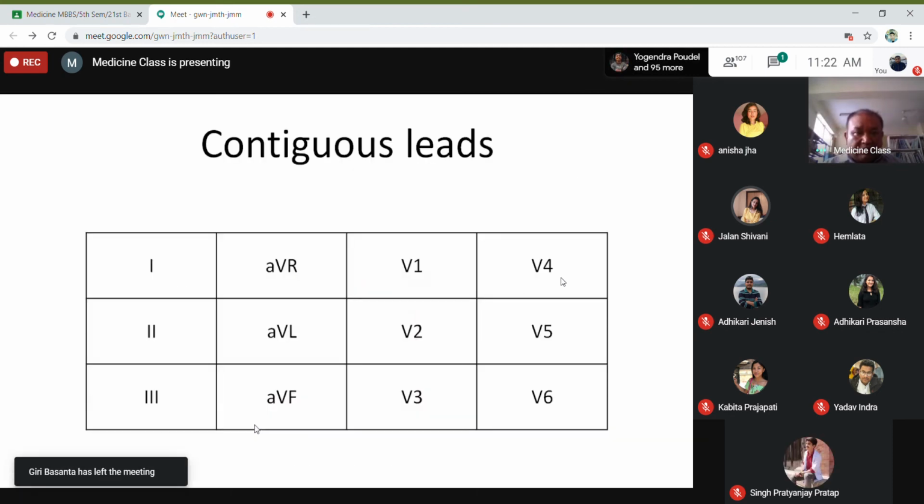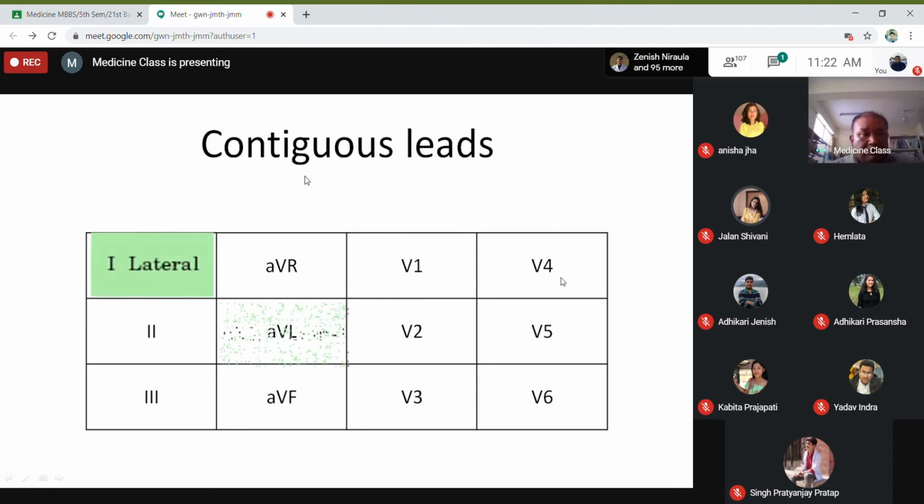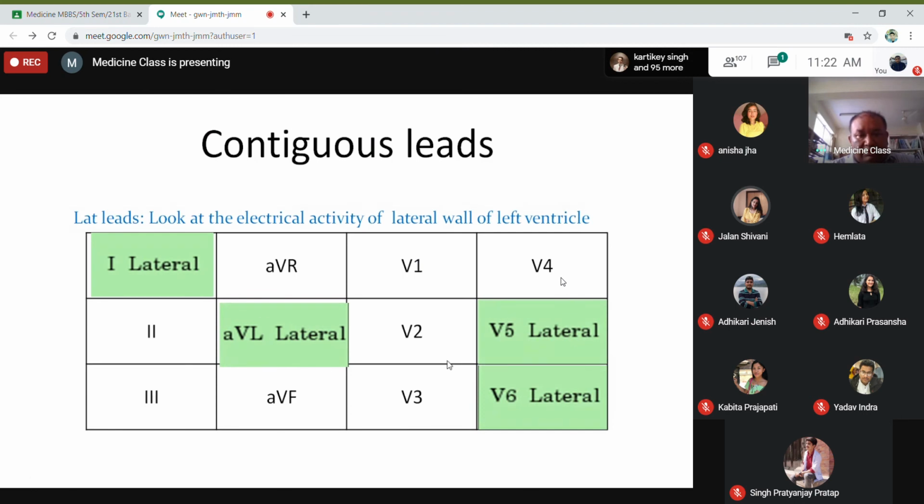Now, to know that, we should know what the contiguous leads are. 1, AVL, V5 and V6 are called lateral leads. These are the contiguous leads, which means 1, AVL, V5, and V6 can look at the heart from the lateral side.